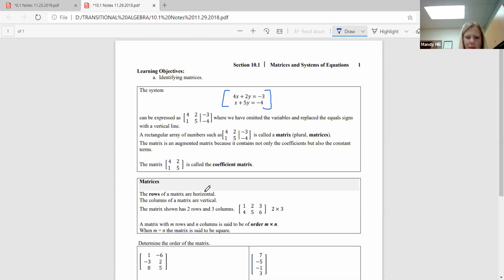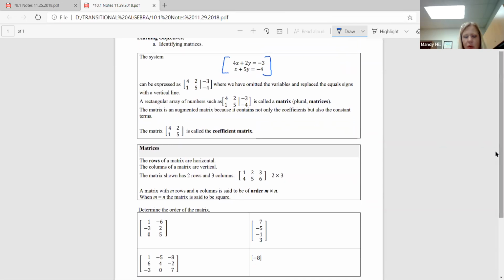The rows of a matrix are horizontal and the columns of a matrix are vertical. When I do this, I make a mental note: go down first, then over.